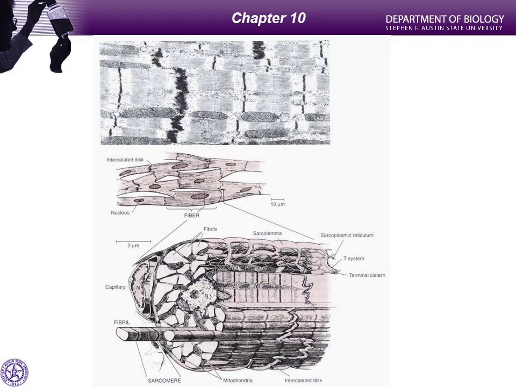This is an electron microscopic picture. Here we have a light band with a dark line running right down the middle. What is the light band? The I band. And then we got the dark band. That's the A. Remember they alternate, our sarcomeres?